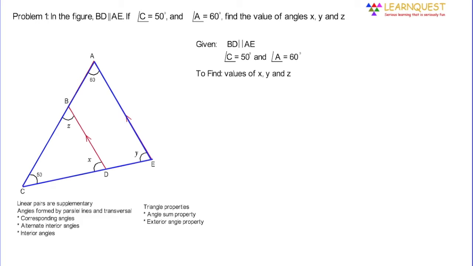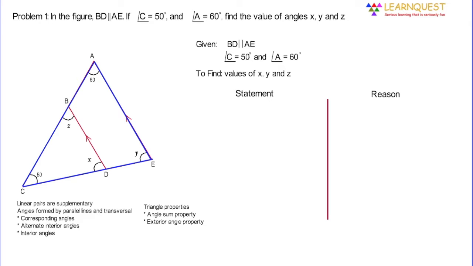Now, we can very easily use the angle sum property to find one angle which is missing. But wait, before we start jumping, we have to note down all these reasons carefully in a table. So let's make a table with two columns, statement and reason.